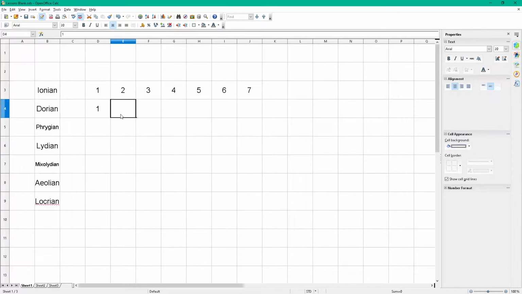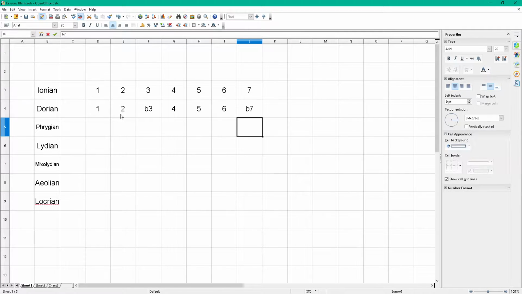We know that Dorian is 1, 2, flat 3, 4, 5, 6, flat 7. We know that the Phrygian scale is 1, flat 2, flat 3, 4, 5, flat 6, flat 7. We know that Lydian is 1, 2, 3, then we have sharp 4, 5, 6, and 7.